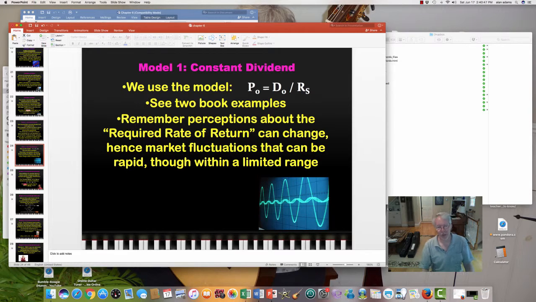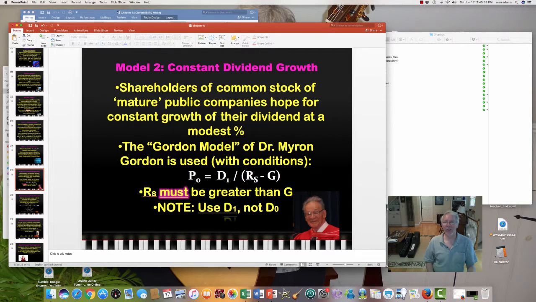When you own common stock, you hope that that number is going to change. We expect constant dividend growth. Now I'm going to show you something called the Gordon model, also known as the Myron-Gordon model, also known as the constant dividend growth model, okay? And this is at the epicenter of so many common stock pricing exercises. So this is one you need to have tattooed on the inside of your eyelids.